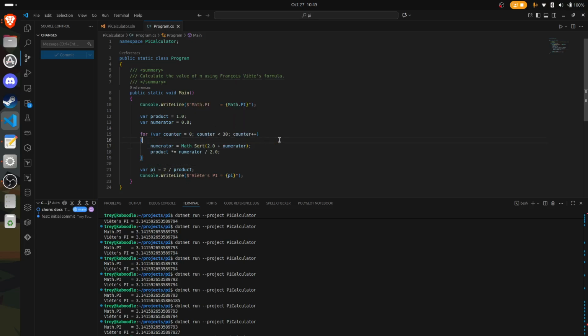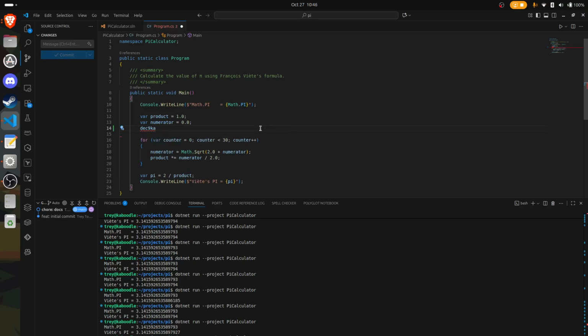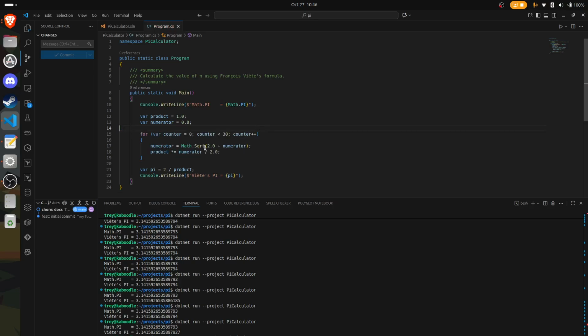And the problem is that I want to do this with a decimal value, because a decimal value would have more precision than a double. And the reason we can't do that is because the built-in square root function only works with doubles. So we need to implement our own square root function.